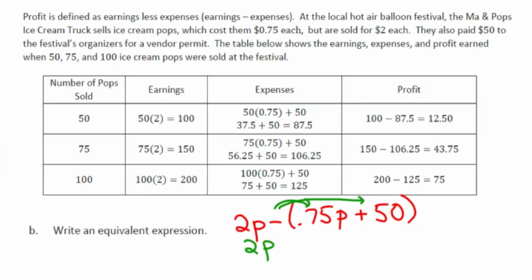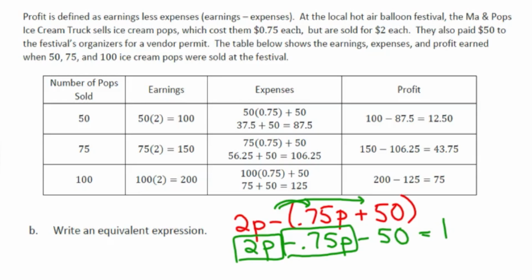So we'll have 2P minus 0.75P minus 50. And by combining the like terms, we'll take 2P minus 0.75P, and we'll get 1.25P minus 50. So that is an equivalent expression that shows our profit.